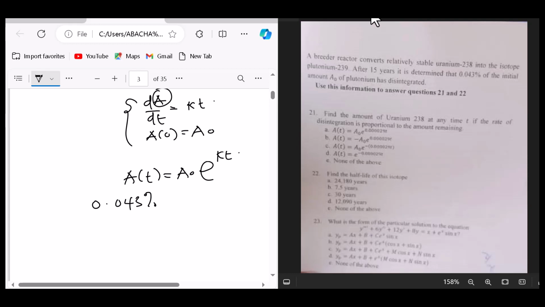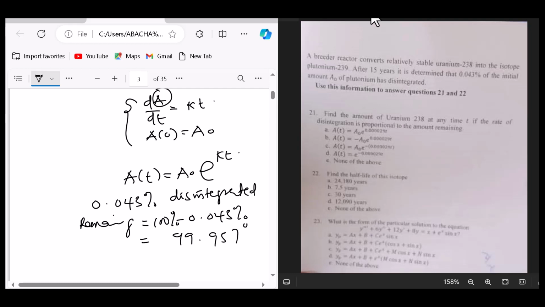So if this has disintegrated, then what is remaining will equal 100% minus 0.043%. When you do this, you get 99.957%.